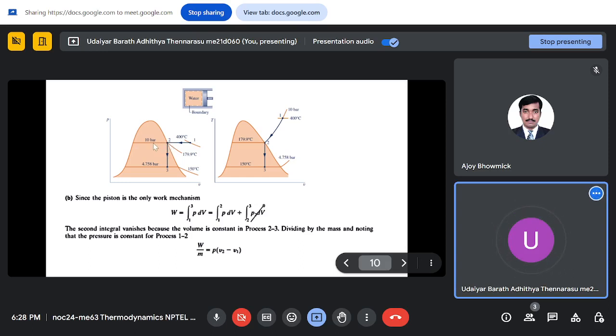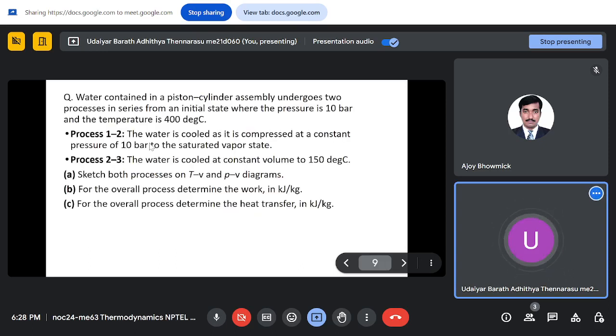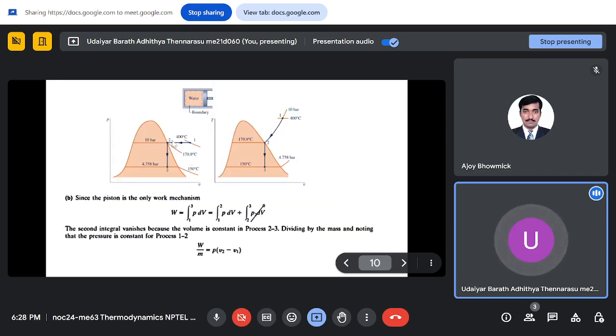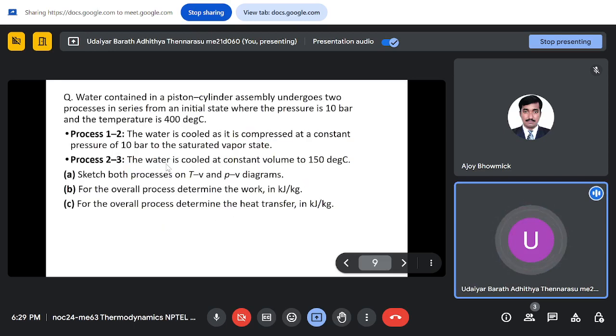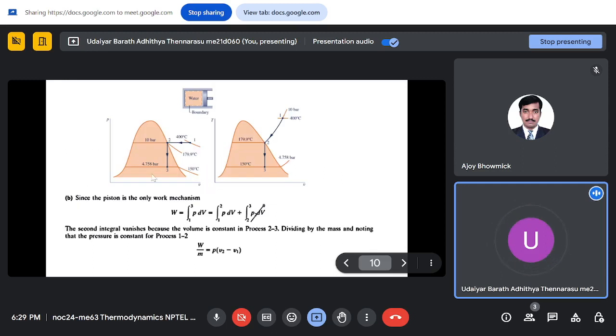From there, you are doing a constant volume process and you are cooling this system to 150 degrees Celsius, from 2 to 3. This is at constant volume. The corresponding saturation pressure at 150 degrees Celsius is 4.758 bar.